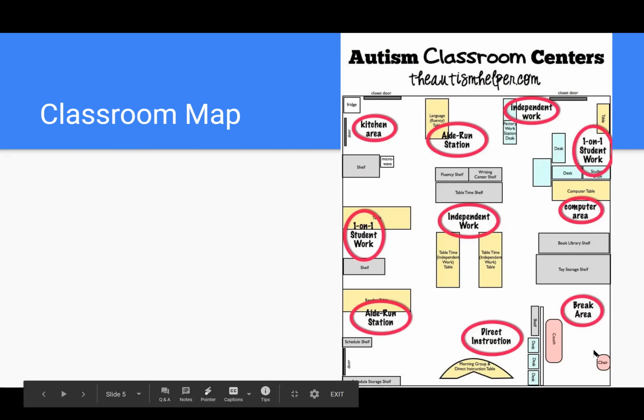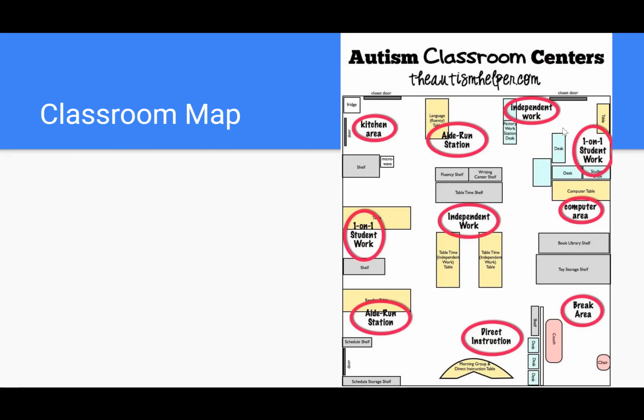There's a timeout, not timeout, we don't call it timeout, but a break. Sometimes, even I need a break. So there's a break area, lots of storage. The one-on-one student work has desks here, for students that like to work independently, with different things there.